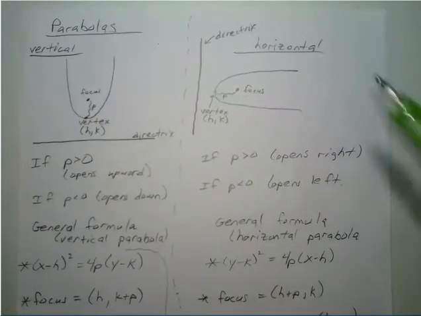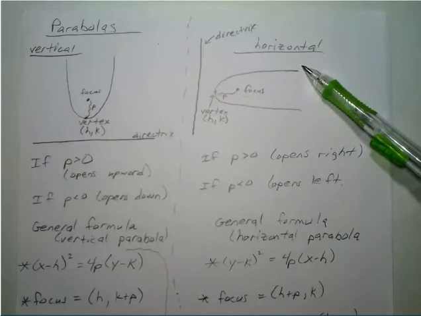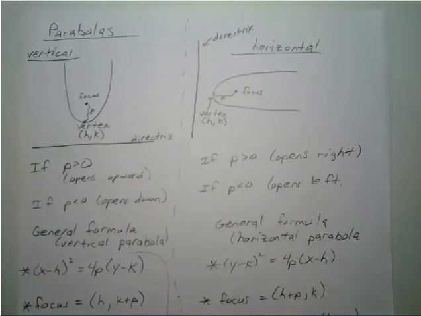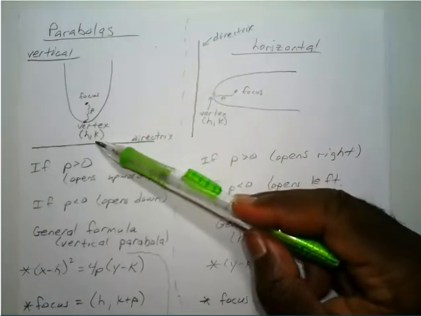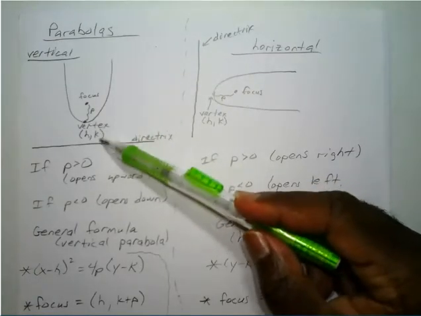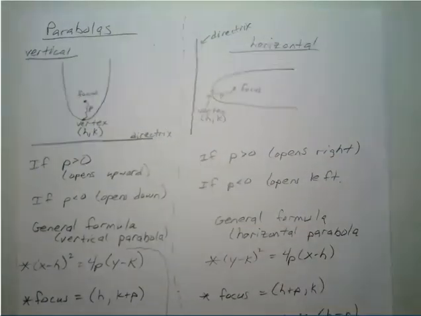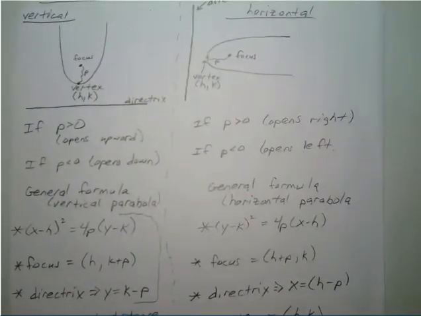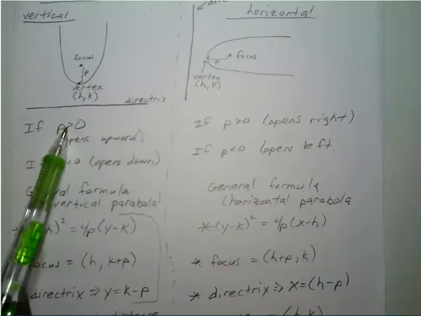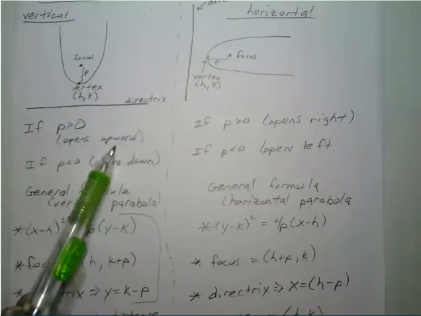Okay, so we have our horizontal parabola and we have our vertical parabola. So again, if we shifted it h units horizontally and k units vertically, our vertex will be the point (h, k). Okay, so we know that if our p is greater than 0, it opens upwards.